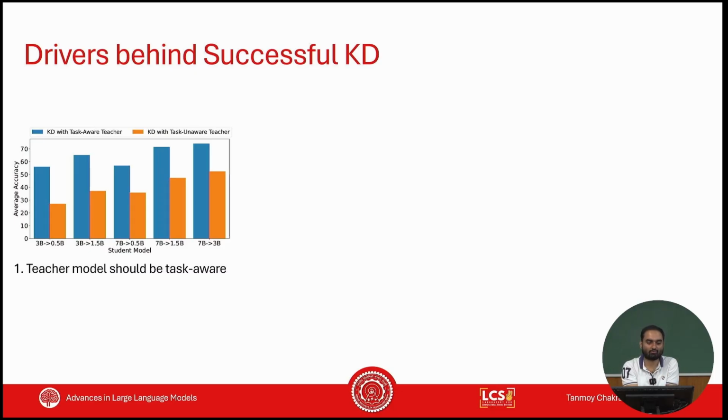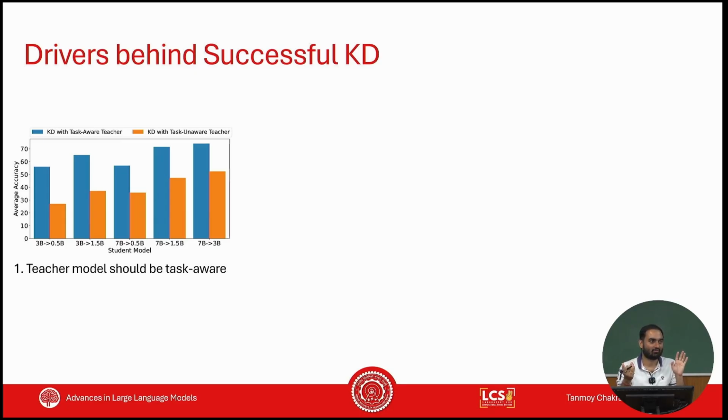So now let's look at some of the drivers. I mentioned earlier at the beginning that if you have the capacity to fine tune your teacher model, that will always be useful. If you have a dataset to fine tune your teacher model, even one layer or a lower fine tuning, that would be beneficial. So here we showed that, let's say you have two types of teacher models. One teacher model is a generic ChatGPT kind of model. The other teacher model is, let's say, a 175 billion open source model, which is fine tuned on the task.